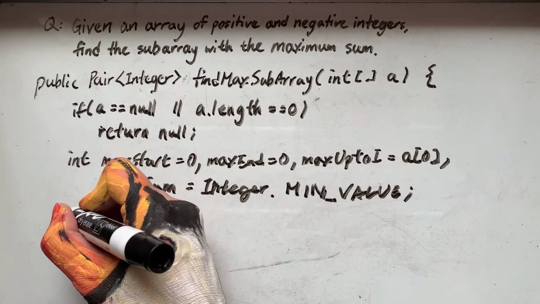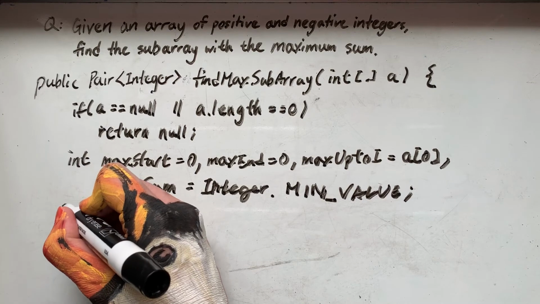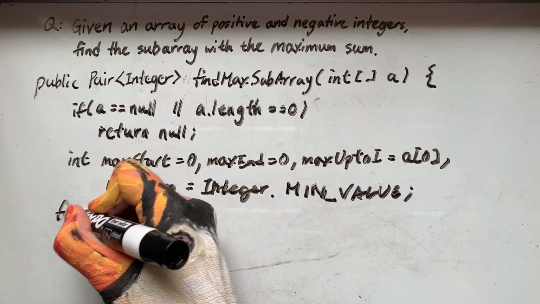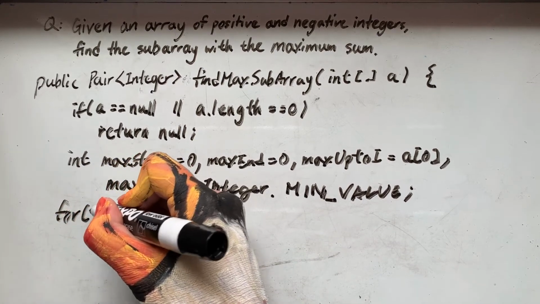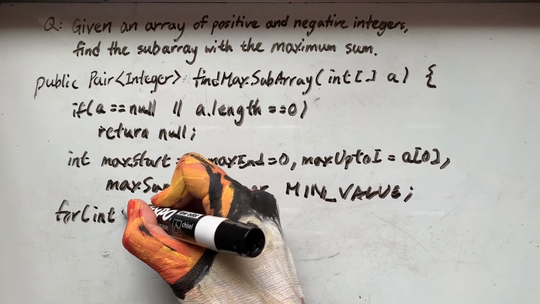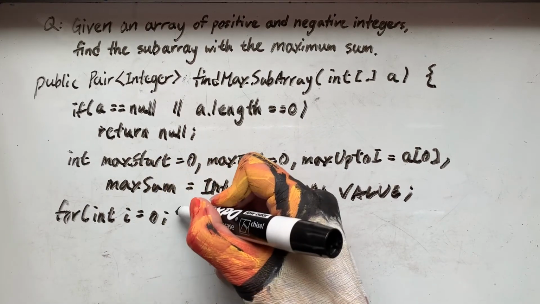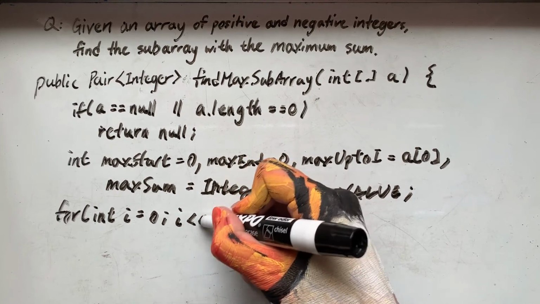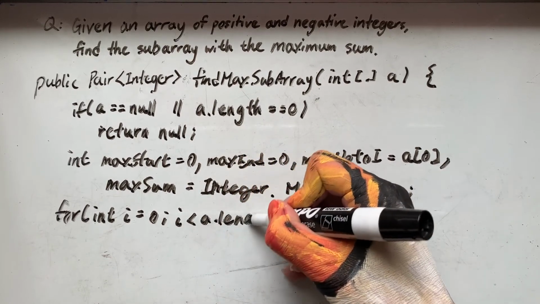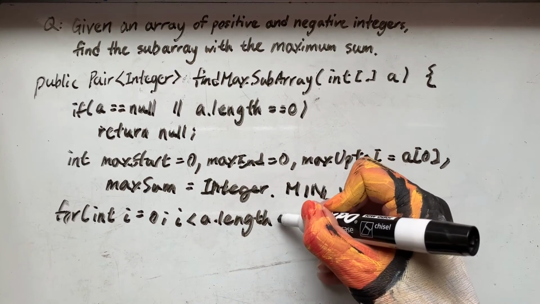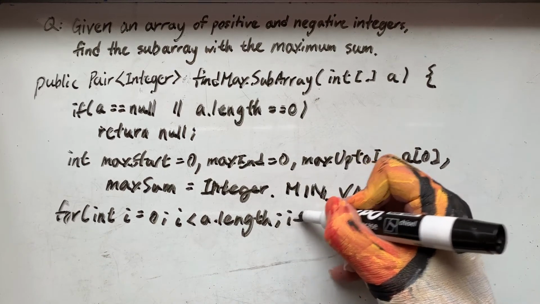And then we can enter our loop, for int I equals 0, I less than a.length, I plus plus.